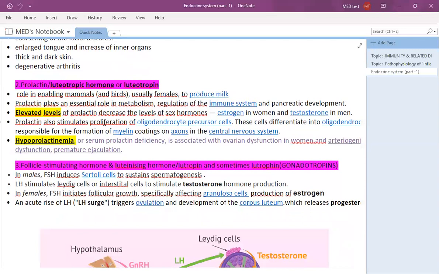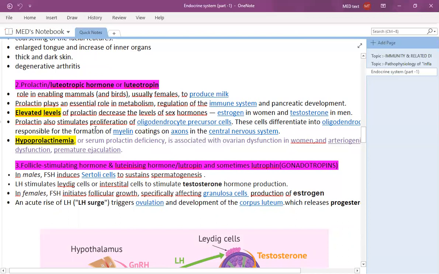The next feature is that prolactin also stimulates proliferation of oligodendrocyte precursor cells. These cells differentiate into oligodendroglia, responsible for the formation of myelin coat on axons in the central nervous system. So this point is very hidden.